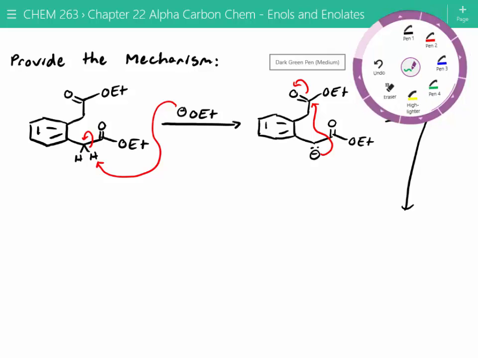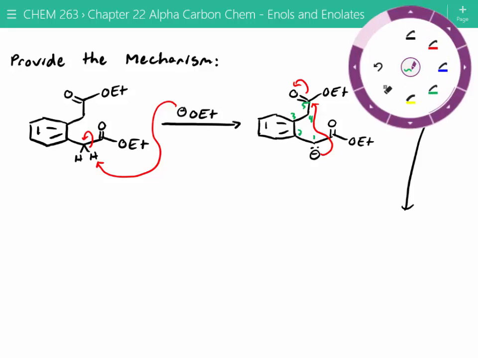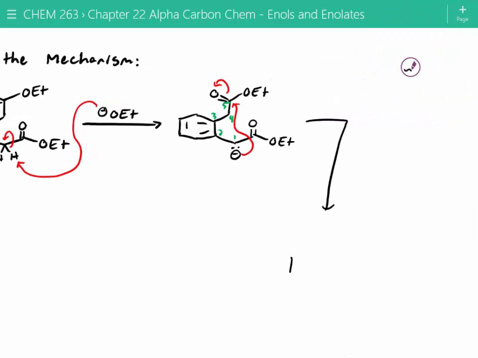But before we show the product, let's try to number things and make sure we're keeping track of what's going on. We've got 1, 2, 3, 4, 5. So five-membered rings would be fairly stable. And this is coming off of a benzene ring. And so I'll renumber our ring system. We've got 1, 2, 3, 4, 5.